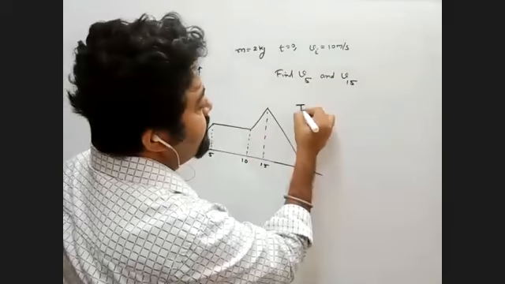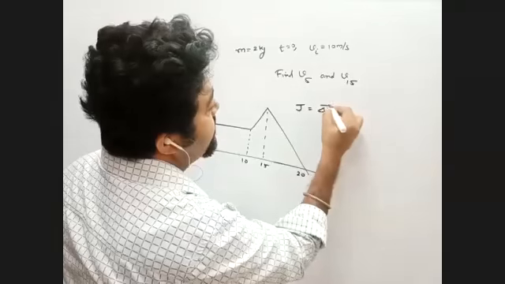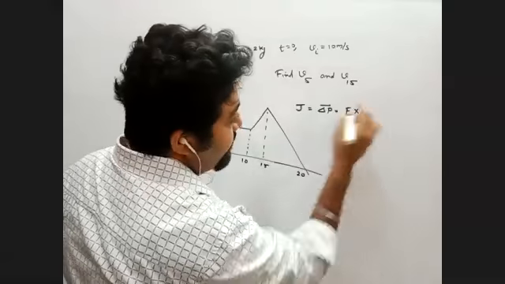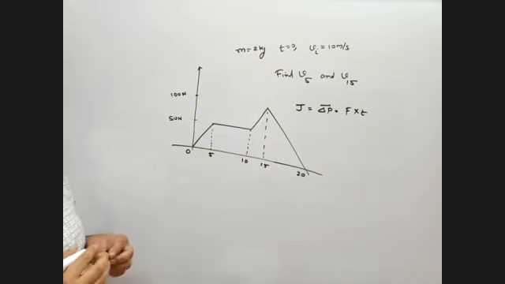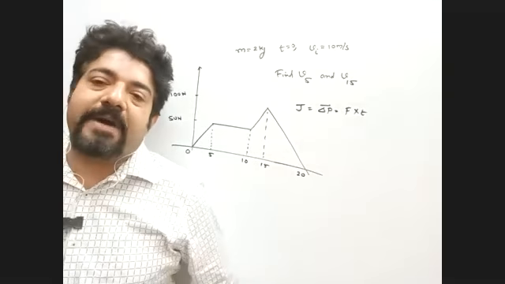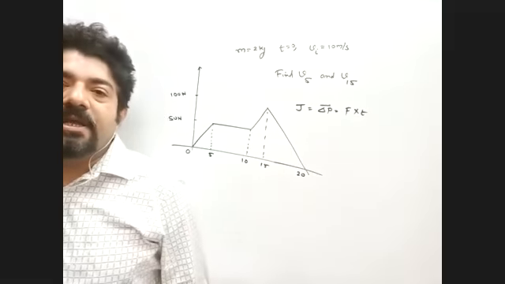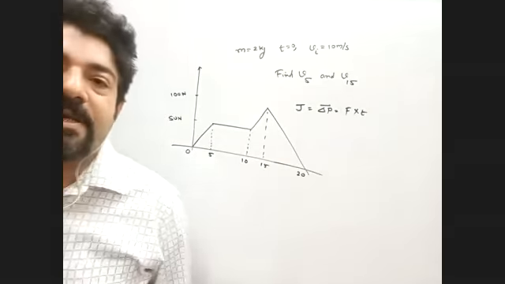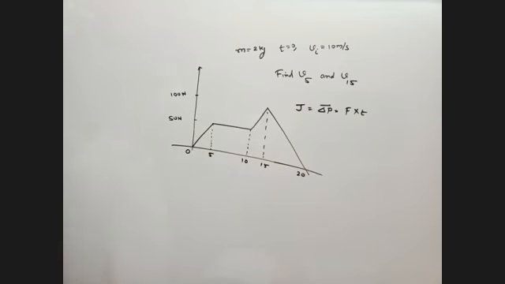So as we know, impulse, that is change in momentum, that is force into time. I already gave you two Brahmastra. Number one, if by multiplying two physical quantities you get the third physical quantity, you have to find out the area. That is the first Brahmastra. Second Brahmastra is if you divide two physical quantities and you get the third physical quantity, then you have to find out the slope.